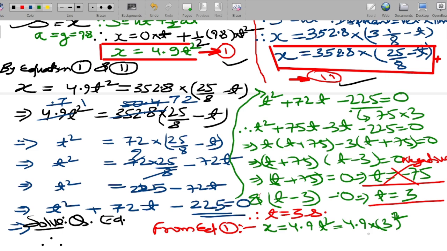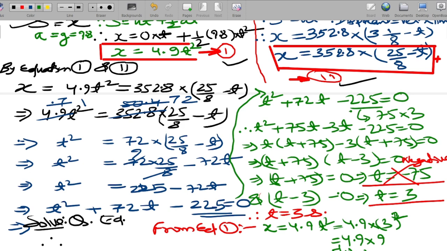So putting the value of t equal to 3 seconds into equation 1, we get the value of x as 4.9 into t square, equal to 4.9 into 9, which will come as 44.1 meter.